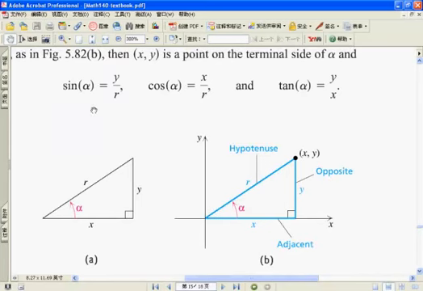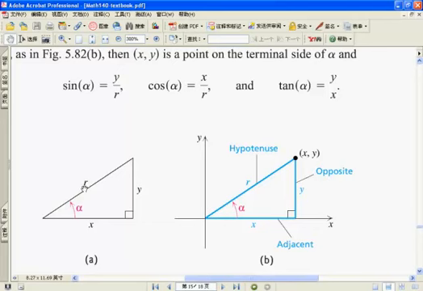Now, today we continue to talk about right triangles. So we first have a right triangle like this, with acute angle alpha, and the length of the adjacent side is x. The length of the side opposite this angle alpha is y. And the length of the hypotenuse is r.